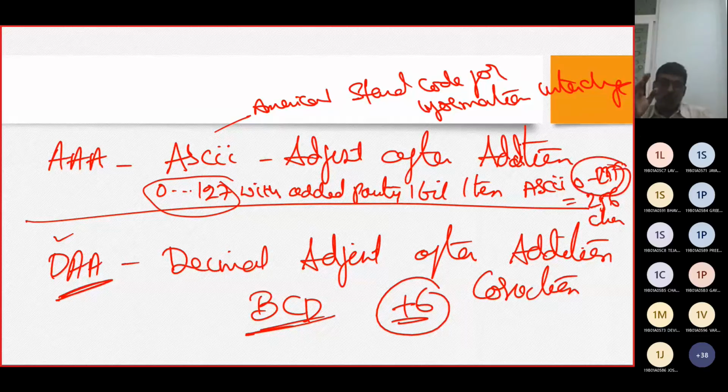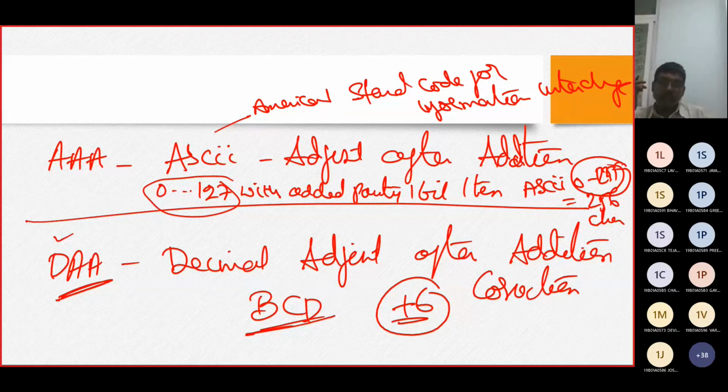Without parity, ASCII codes are only 128 because it starts with 0. If the ASCII codes are taken with the parity form, with the most significant bit as even parity or odd parity, then we have 256 characters.